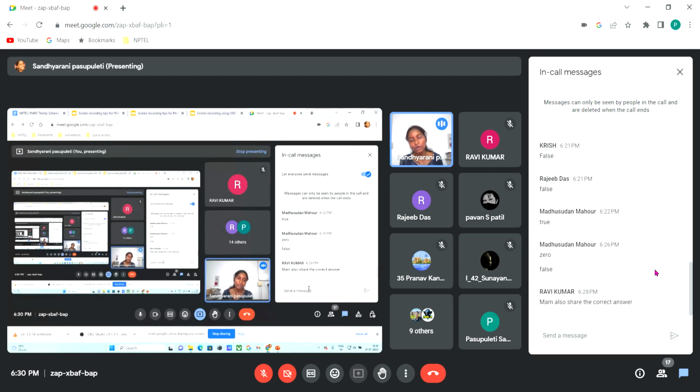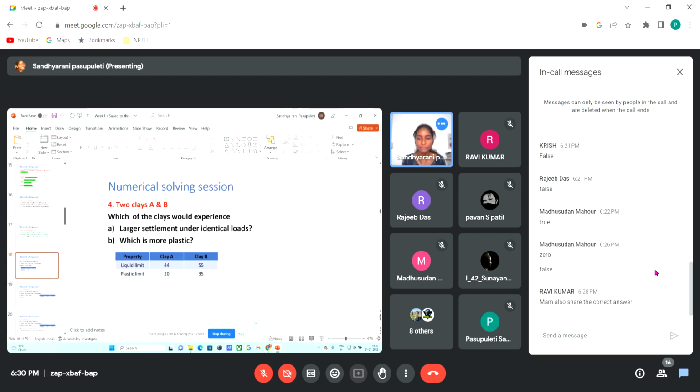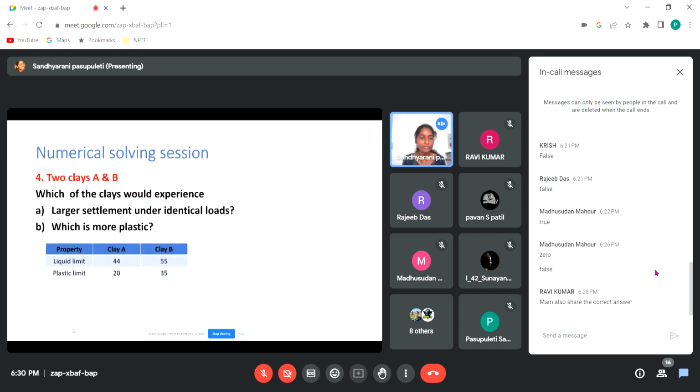If the soil is more compressible, will it have more settlement or not? Higher the compressibility, the more settlement they will have. So using the compressibility property, we can tell whether the soil will undergo more settlement or not. By looking at the liquid limits, I wanted you to look at these two soils.